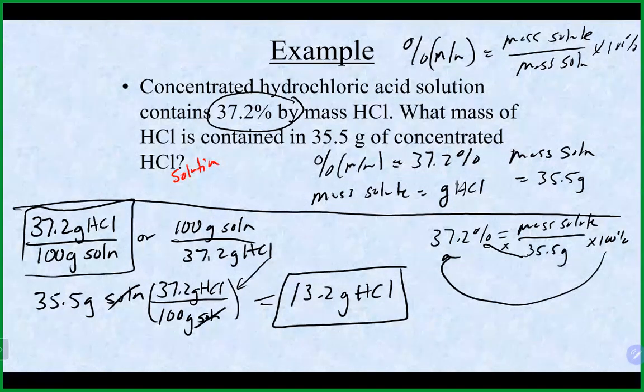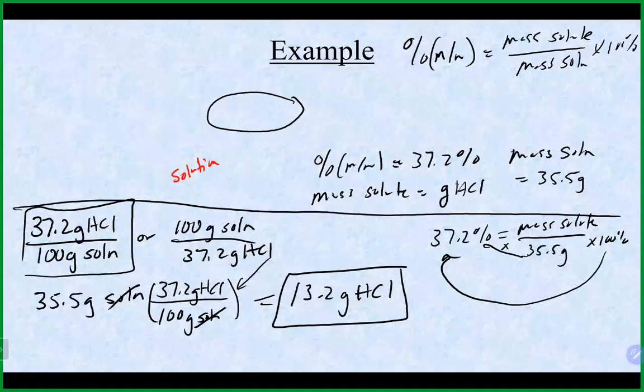Now, in addition to percent mass to mass, there are a couple of other percent concentrations that sometimes are used for solutions. So let's just talk a little bit about those before we go on to the main one that we talk about most of the time.